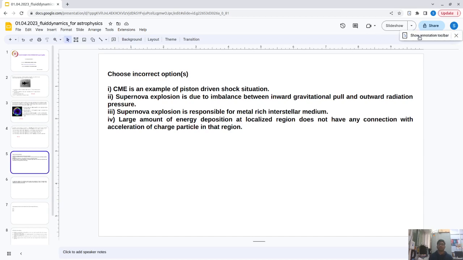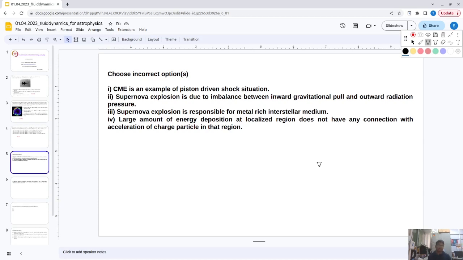So what happens is when a CME moves, CME means coronal mass ejection, which has its origin in the solar corona. Solar corona is the outer atmosphere of the sun, right? So a coronal mass ejection is basically a chunk of plasma which moves through the heliosphere to our earth or even beyond the earth, right?